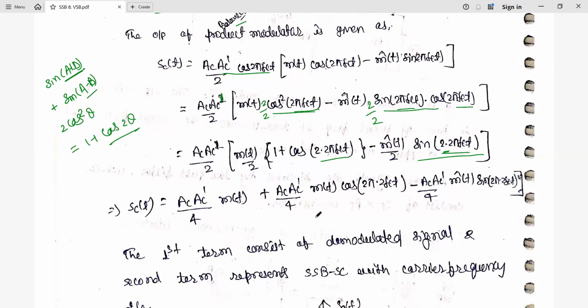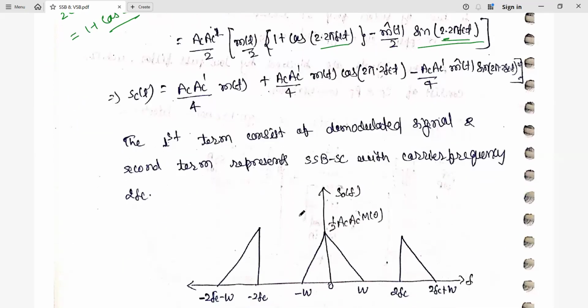Further again, we are going to segregate these parts. So we have three terms. The first term has only the message signal, the baseband signal components, whereas the remaining two have carrier signal components also. So our desired signal is only the first term. This first term only should be allowed to pass through the low pass filter.